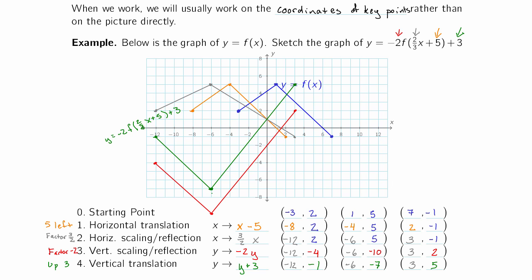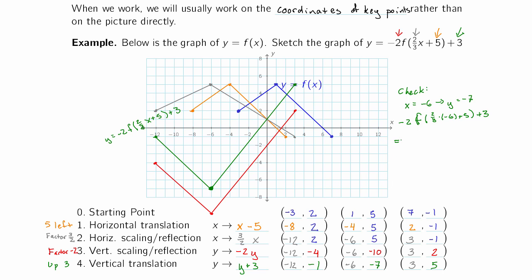And we can actually spot check this, right? Because this point down here, we have when x equals -6, y equals -7. If we plug that in, -2 times f of 2/3 times -6 plus 5, plus 3.